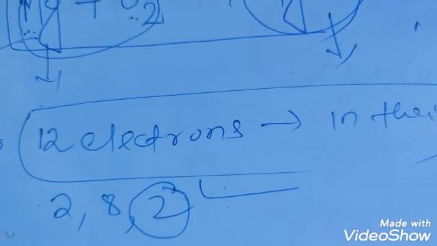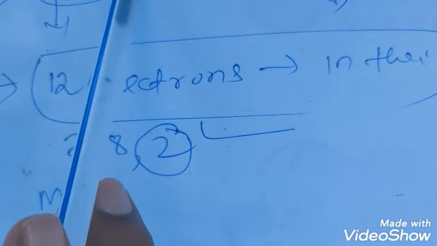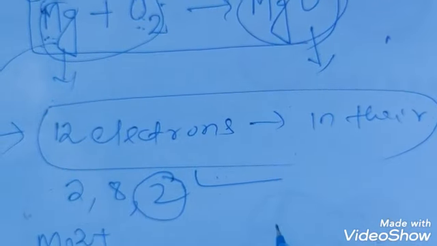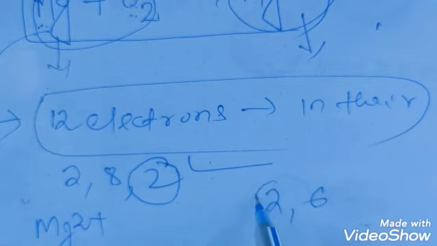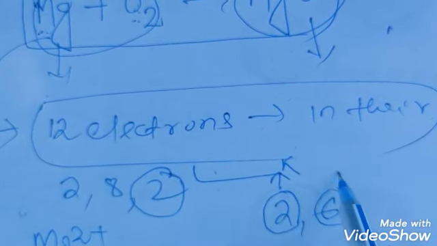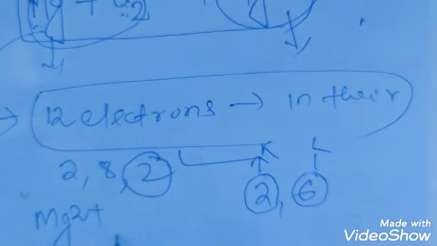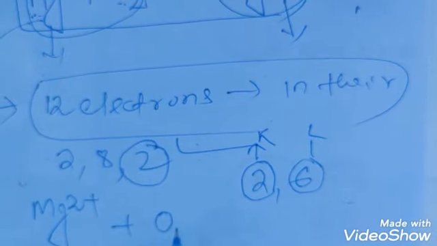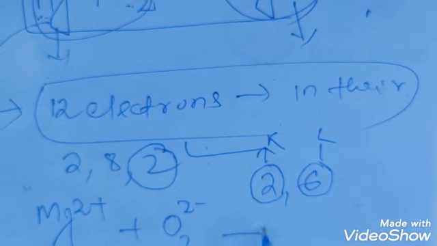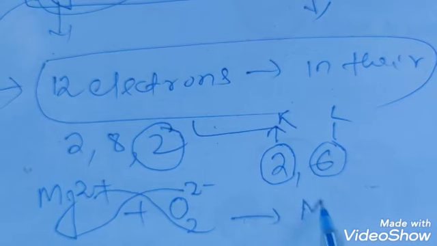So magnesium has a 2 plus charge. Oxygen's electronic configuration is 2,6. It contains 2 electrons in its K shell and 6 electrons in its L shell. It means the oxygen atom has a 2 minus charge. Here the two charges crisscross with each other and form magnesium oxide.